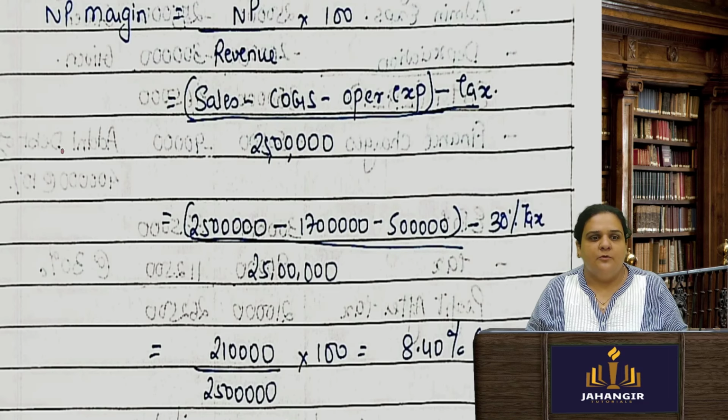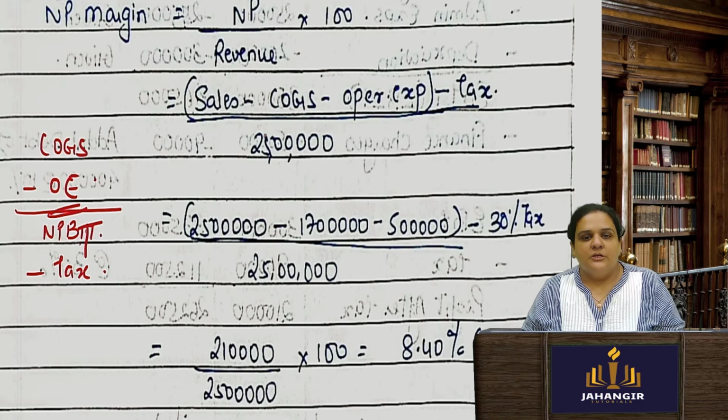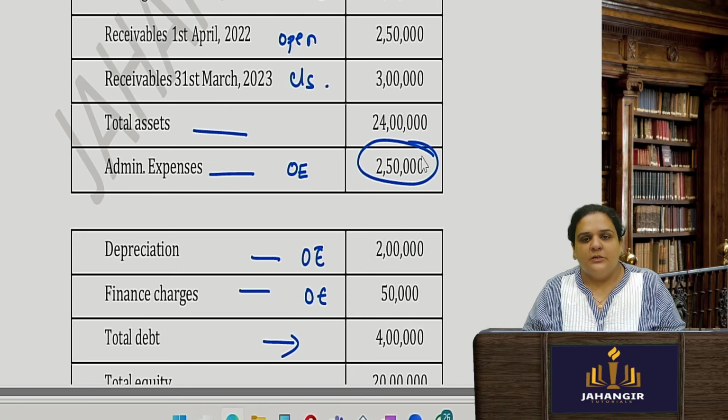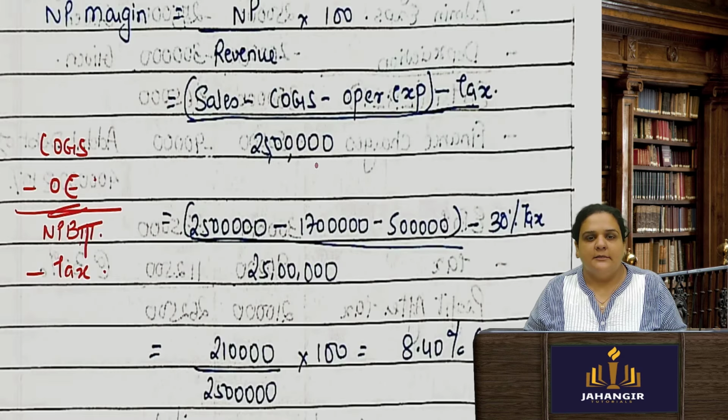That is what we do, no? COGS minus all your operating expenses, then you will get net profit before interest and tax. Interest is covered over here only, in financial charges. So directly this is net profit before tax, minus tax. Operating expense total is 5 lakhs: 2 lakh 50, 2 lakhs plus 50,000.